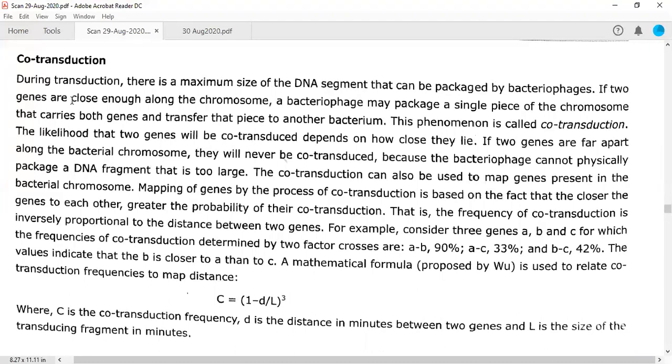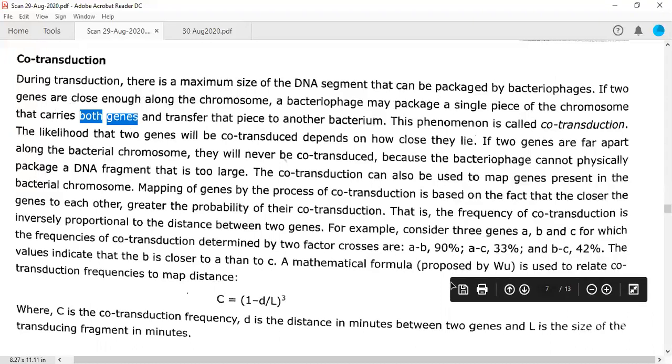So if two genes are close enough to be present on the same fragment along the chromosome, a bacteriophage may package a single piece of chromosome that carries both genes. This process is called co-transduction, when more than one gene is transferred simultaneously, and that piece of DNA goes to another bacterium.